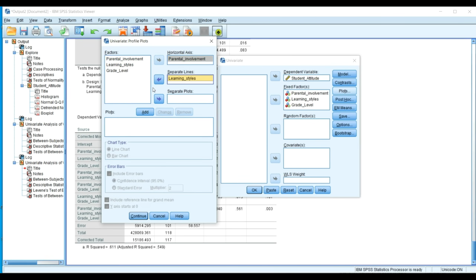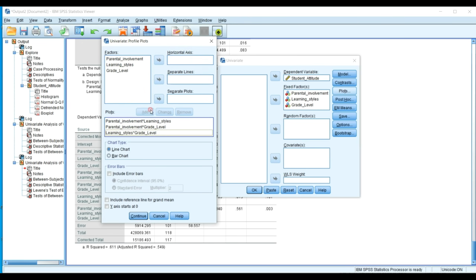So we create the first interaction, parental involvement and learning styles, and then you add. Then I will create parental involvement and grade level, and I will add that, the second interaction. The third interaction is learning style and grade level.